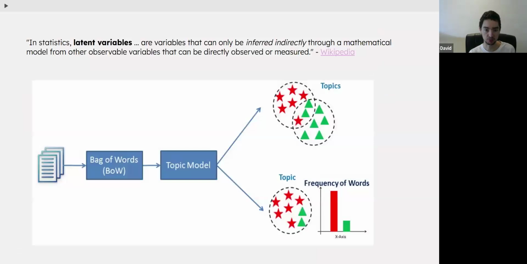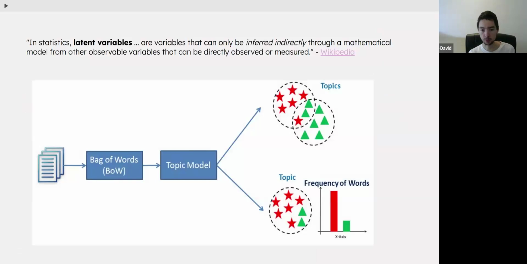Okay, now a quick review. There are latent variables, which are inferred from observable variables, and we're using the bag of words technique, which represents a corpus of text, sometimes called a document, as a collection of words without caring about the order, basically.